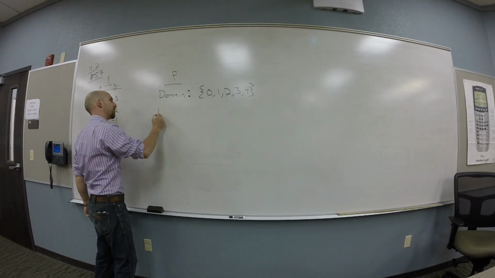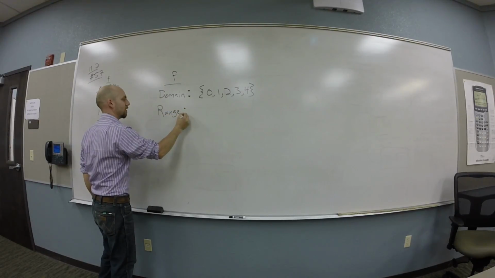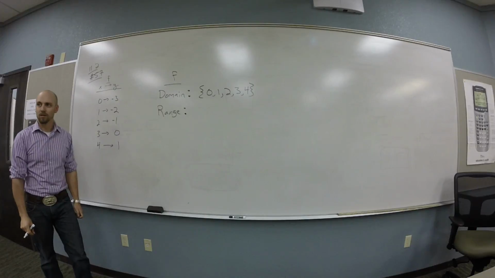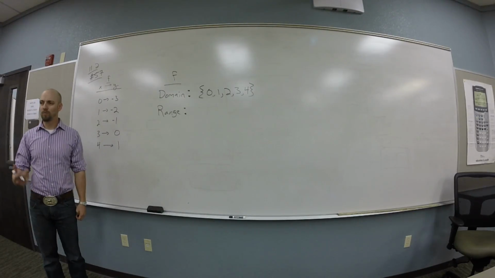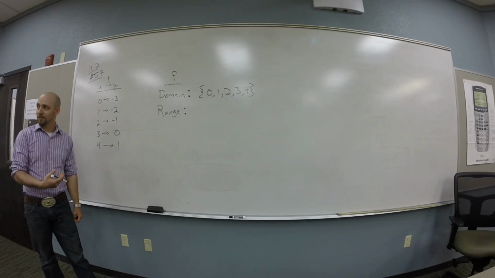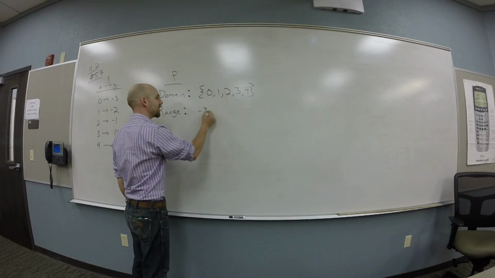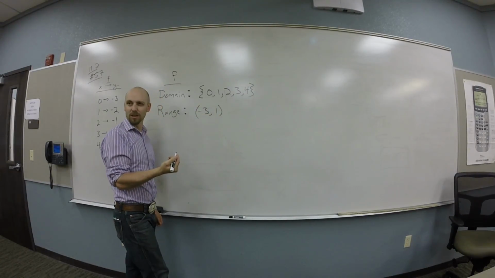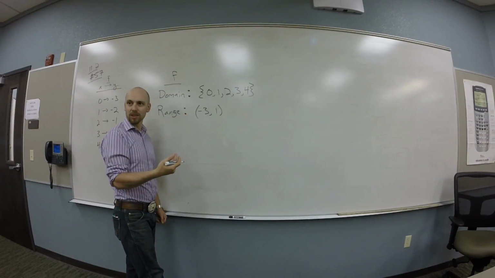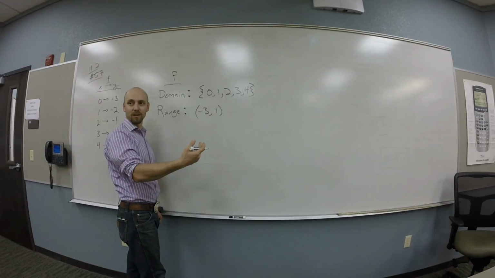How about the range? What's the range? Close, kind of. If I was to say -3 to 1, right? -3, -2, -1, 0, and 1. If I was to say -3 to 1, I would probably write that this way, or maybe with closed brackets, and I would mean all the numbers between -3 and 1, right?